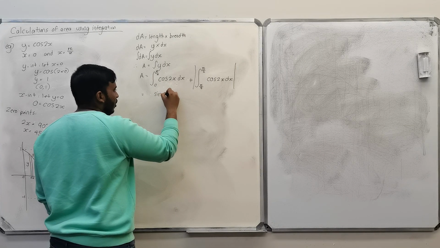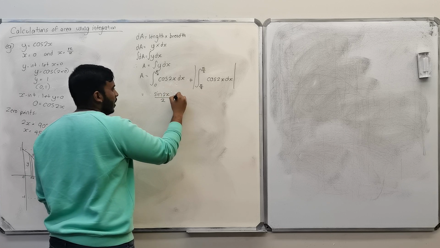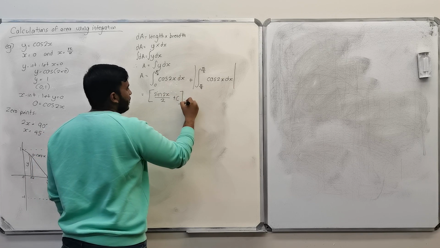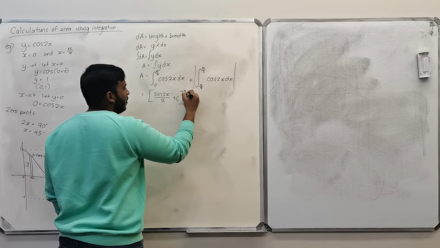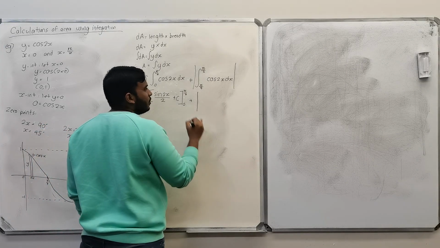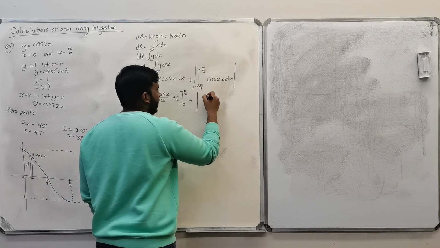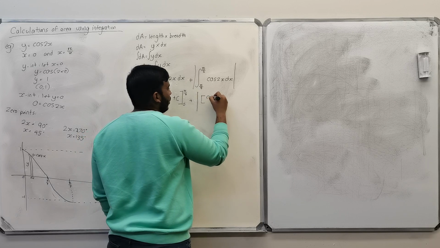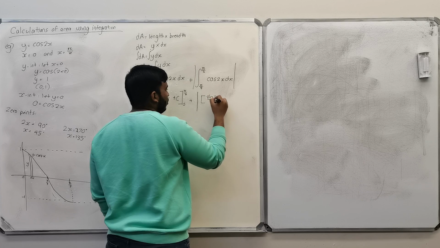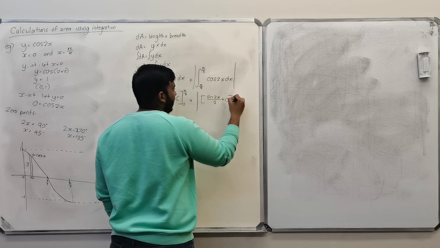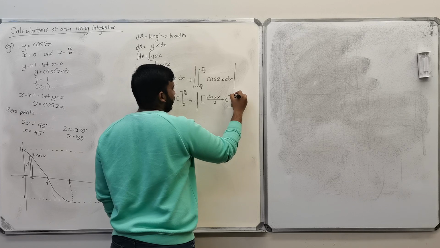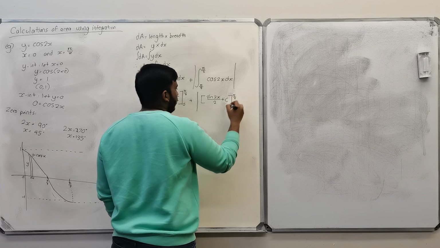So this is sin 2x over 2 plus c, and you are integrating from 0 to pi over 4. Plus the absolute value of, and this is also going to integrate to the same thing, sin 2x over 2 plus c, integrating from pi over 4 to pi over 2.